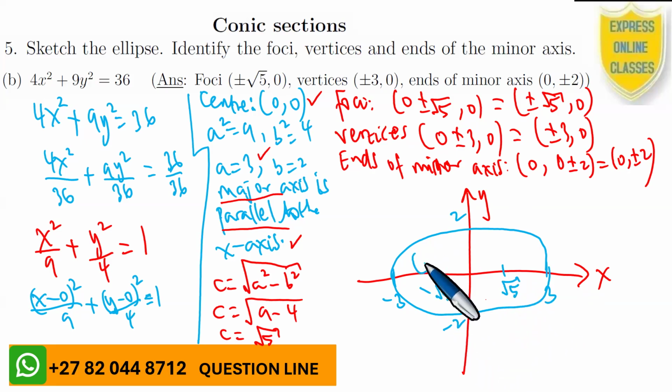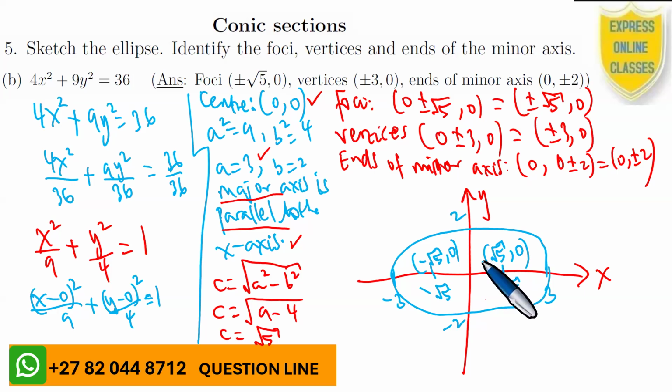So the foci are at negative the square root of 5, 0, and this one is also the square root of 5, 0.